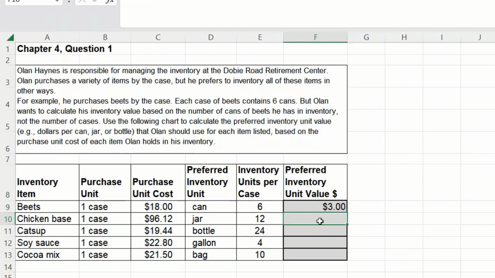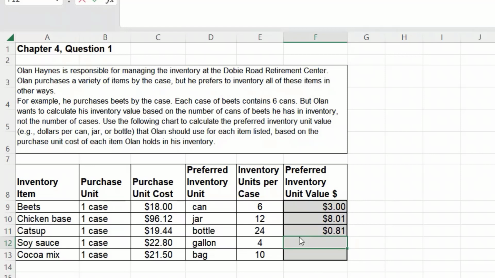All right, same thing with chicken base. He gets a box. There's 12 jars in there. So we'll take our purchase unit cost. We're going to divide by the 12, and each jar costs us $8.01. Ketchup, same thing. We buy that case, but there's 24 bottles in the case, making it 81 cents per bottle.